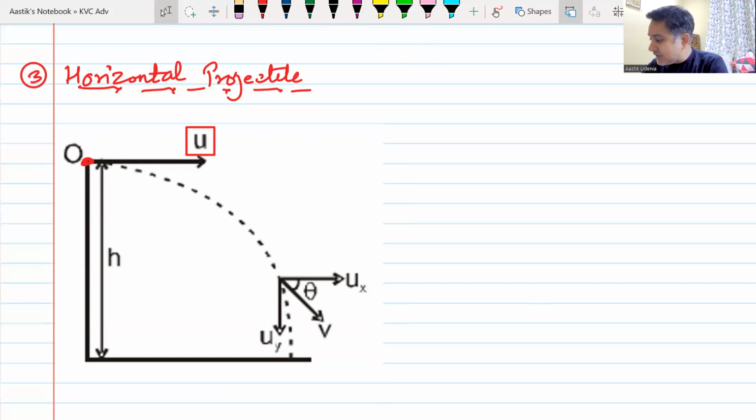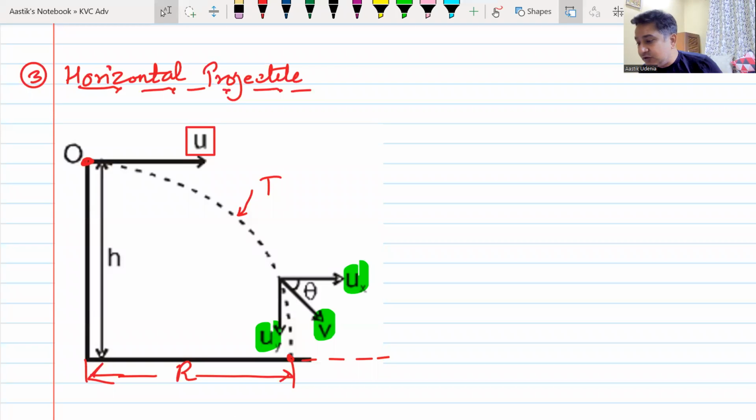At any time, we'll have two components, ux and uy. Then they can ask you with what velocity it is going to fall on the ground. So these are the things that they can ask: the horizontal range, the velocity at any point, and the velocity with which it falls. We also know how to solve it.